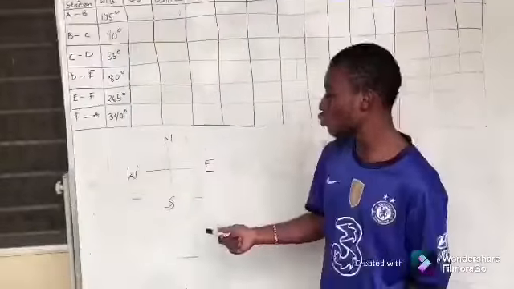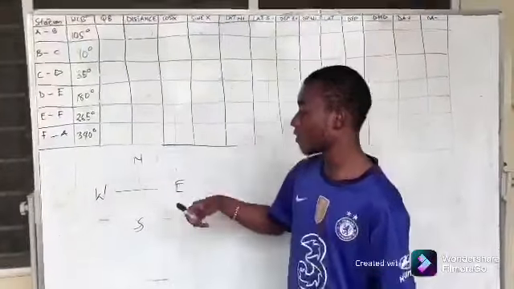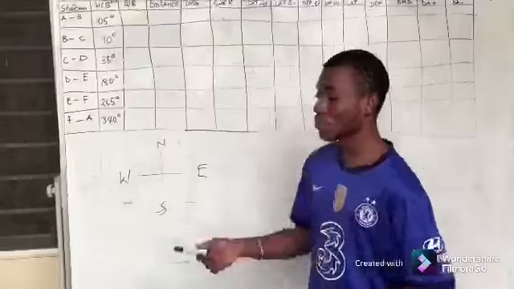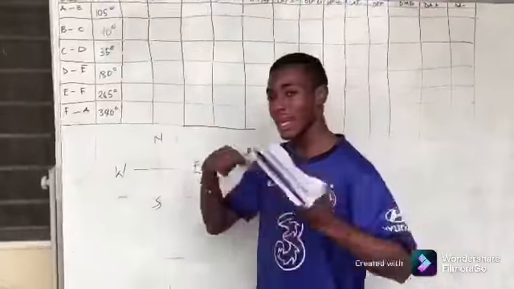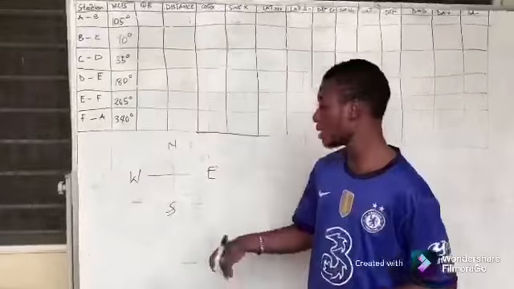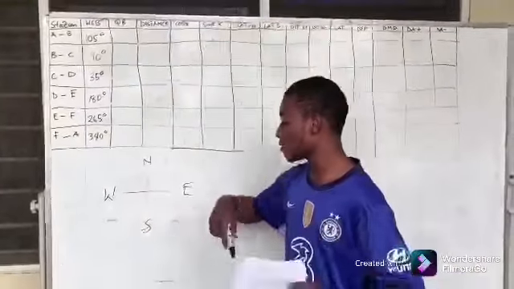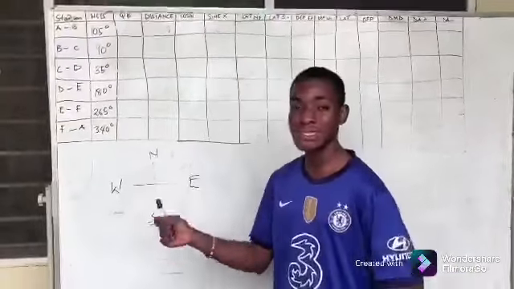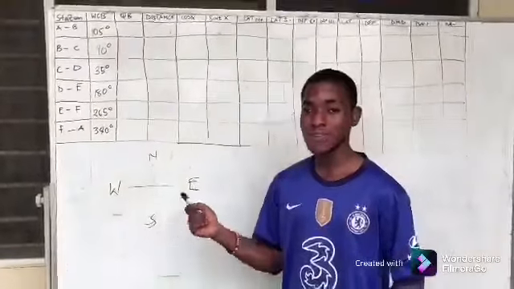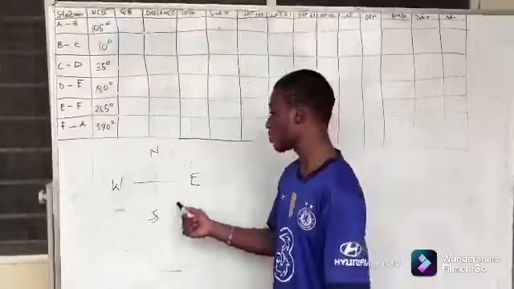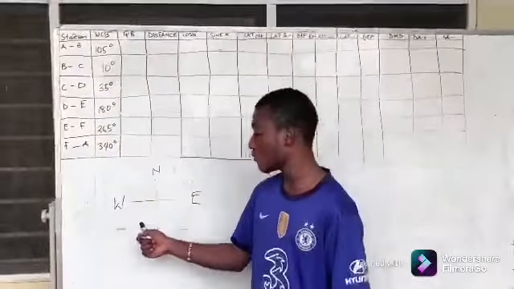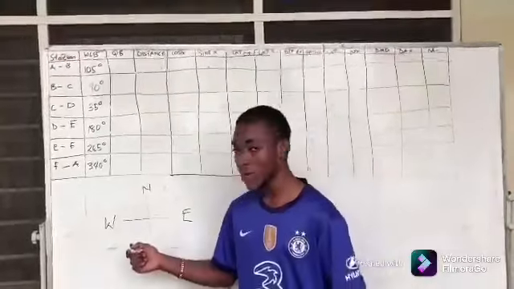And I've already told you the formulas. If the bearing is less than 90, it's in the first quadrant, and if it's 90, it's still at the first quadrant, that is due east. If the bearing is greater than 90 but less than 180, it's in the second quadrant. But if it's equal to 180, that means it's due south. And if it's greater than 180 but less than 270, it's in the third quadrant.